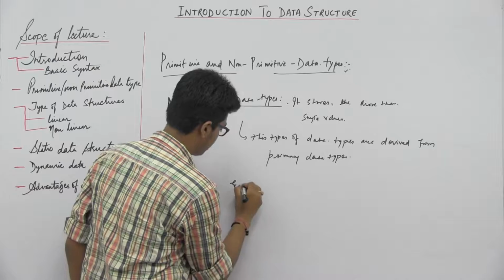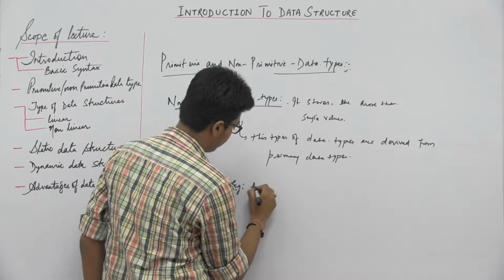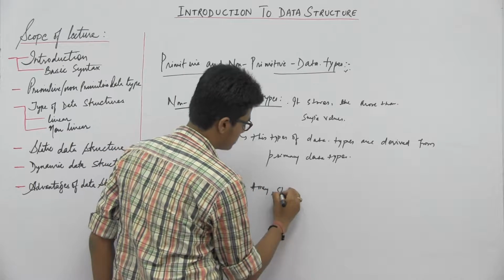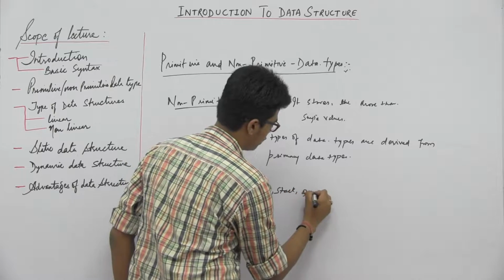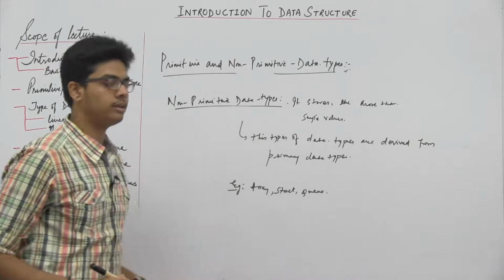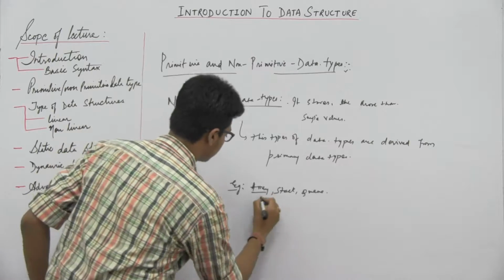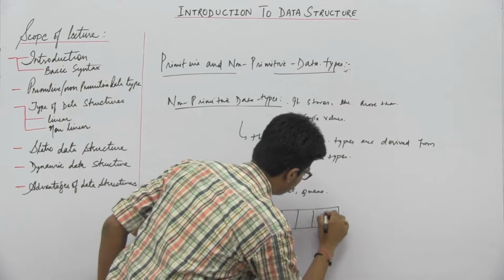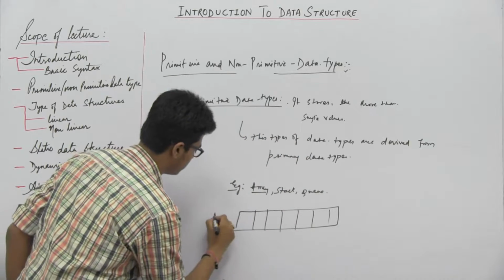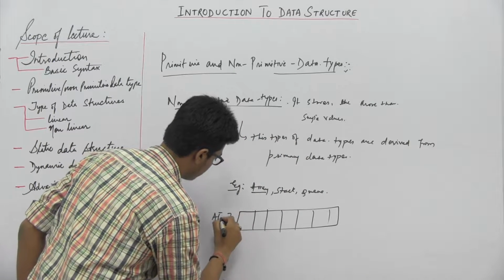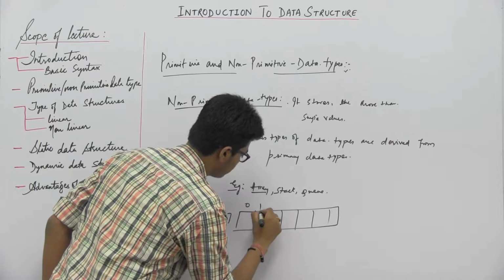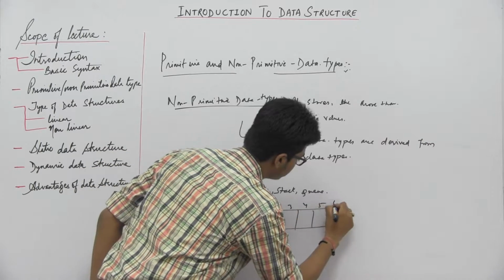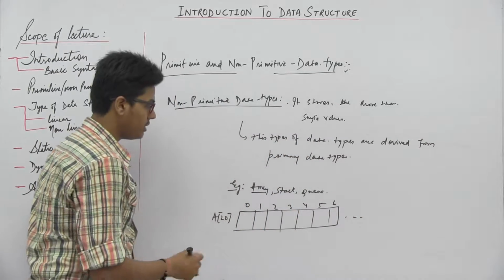Examples: array, stack, queue. As you already know, an array is continuous, and it stores values like this. Suppose this is an array of size 20, with index numbers 0, 1, 2, 3, 4, 5, 6, and so on.